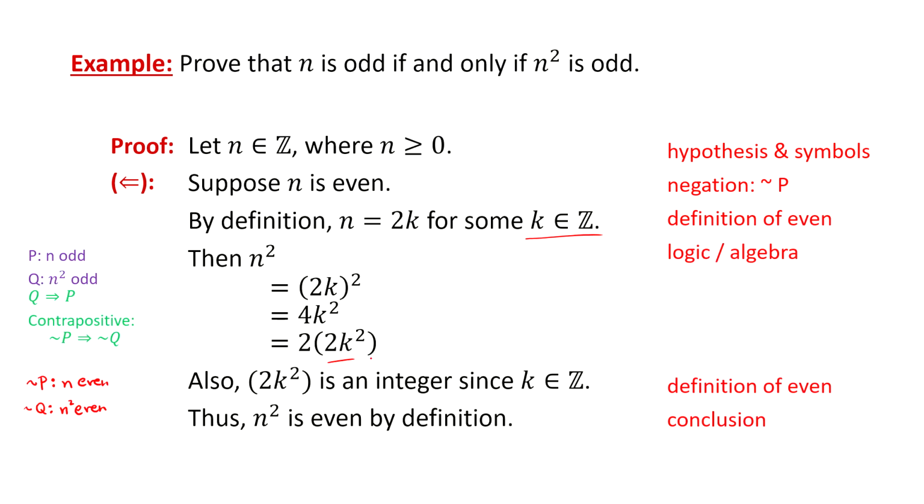Now, here's the extra part you put in for the contrapositive. Thus, or hence, or therefore, if n squared is odd, then n is odd, by way of a proof by contrapositive.